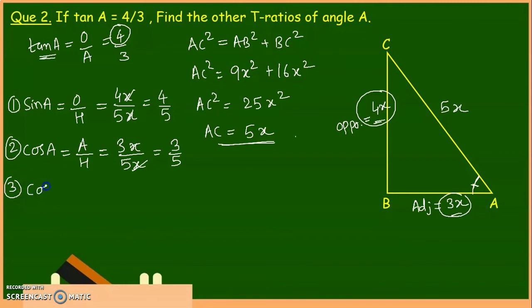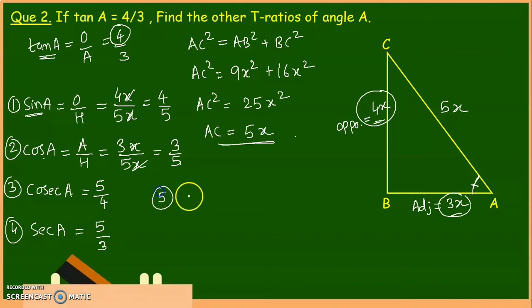Another trigonometric ratio is cosec A, which is the inverse, or reciprocal, of sin A. Sin A is 4 upon 5, so cosec A will be 5 upon 4. Similarly, sec A is the reciprocal of cos A. Cos A is 3 upon 5, so sec A will be 5 upon 3.